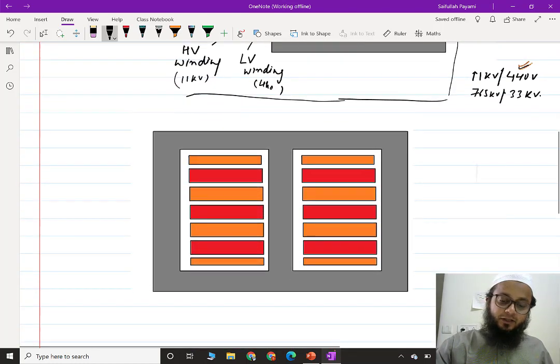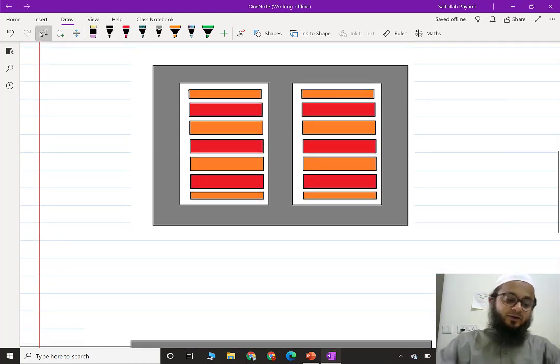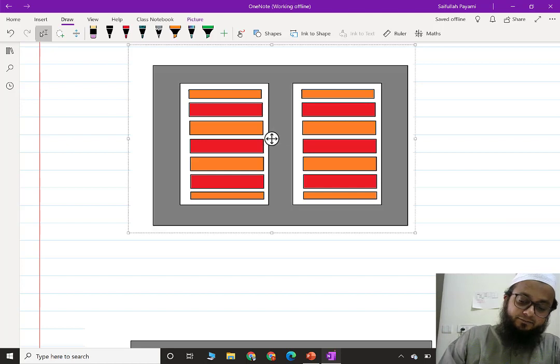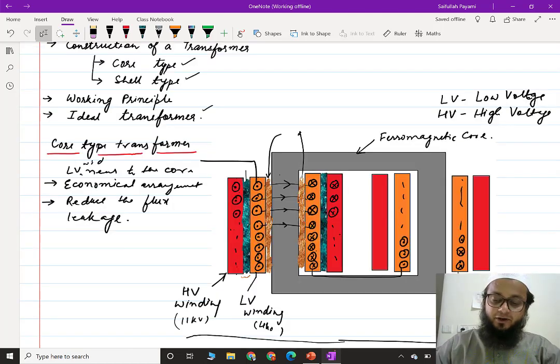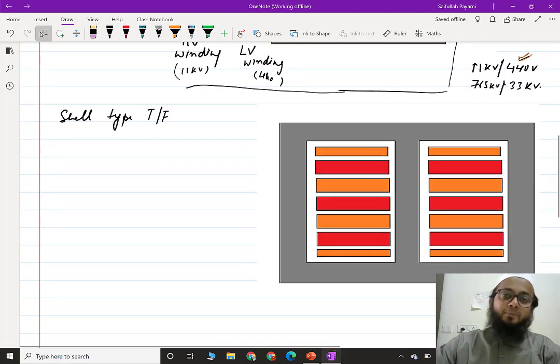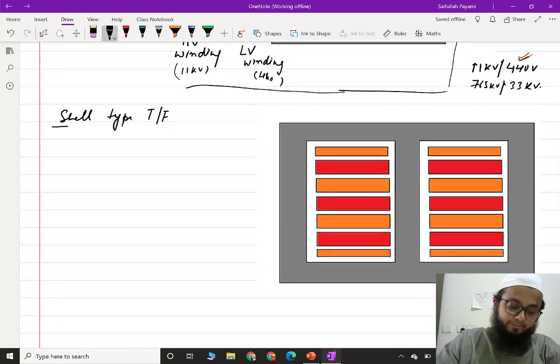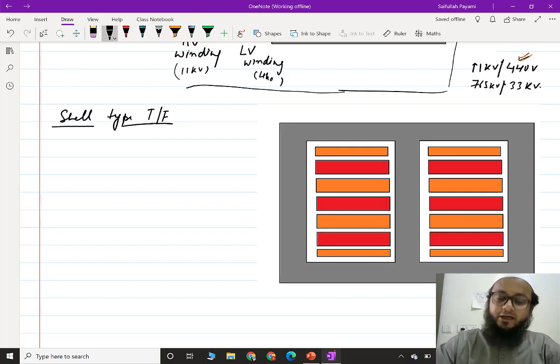Then we will discuss the shell type transformer. So this is the arrangement. In the core type transformer we have windings wound over the outer limbs. In the shell type transformer we have the winding wound over the central limb.